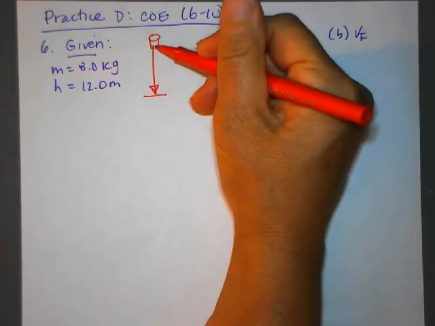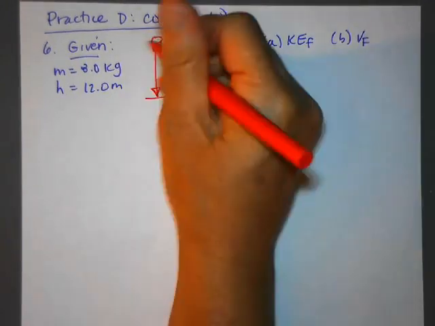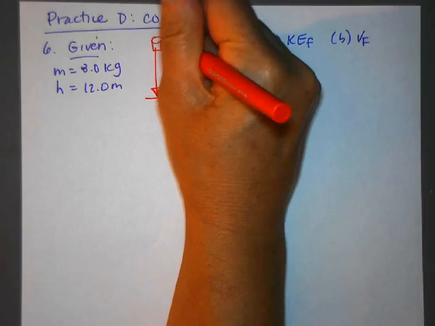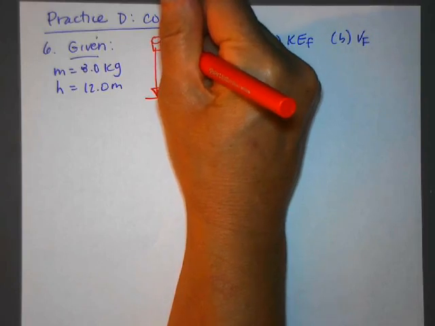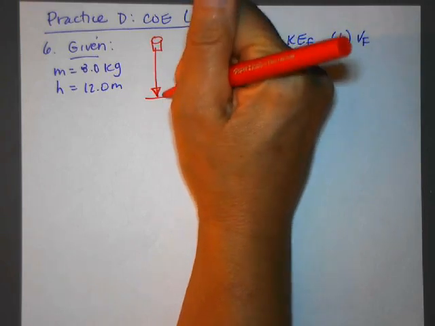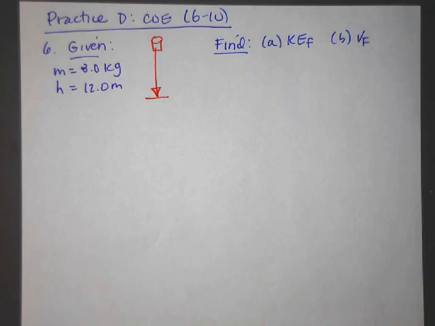The total energy here is the total energy here. At the top, when it's at rest, this is going to be all potential energy. As it falls and gets closer to the ground, whatever I lose in potential, I'm going to gain in kinetic and vice versa. To solve this, I'm going to write my conservation of energy.